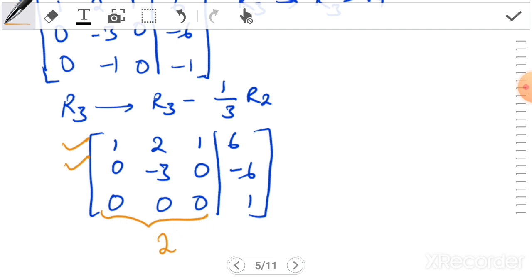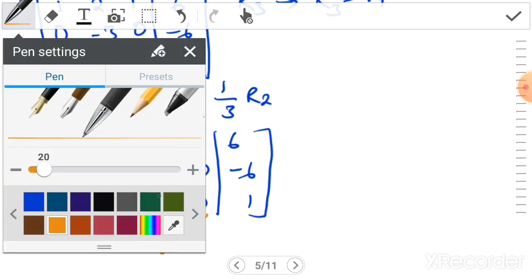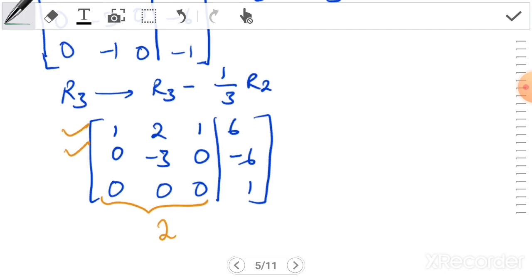So rank of this matrix is 2 and rank of augmented matrix is 3.